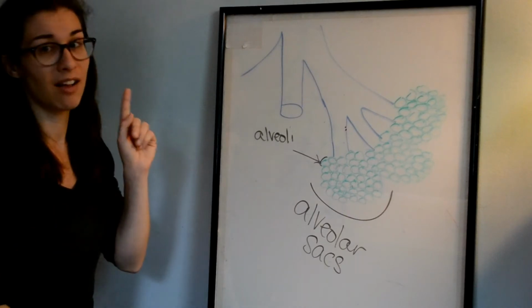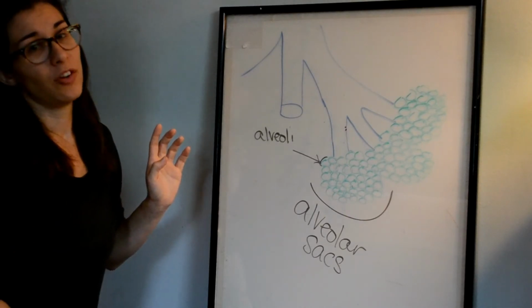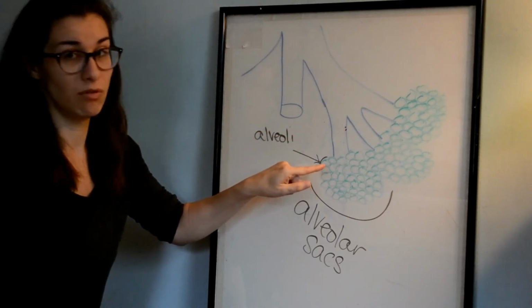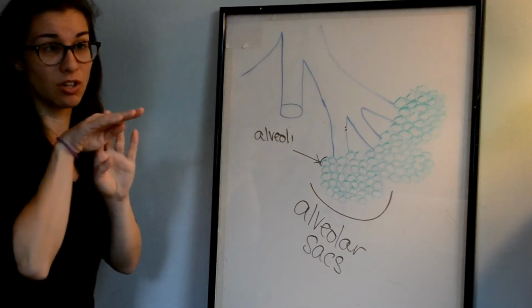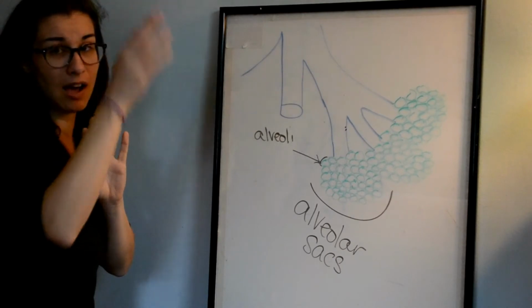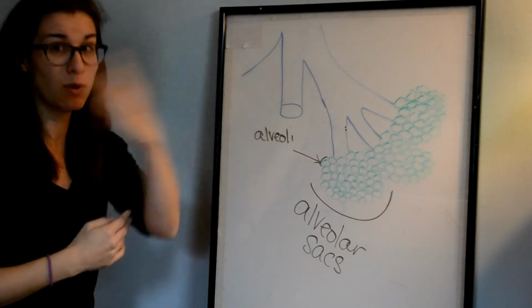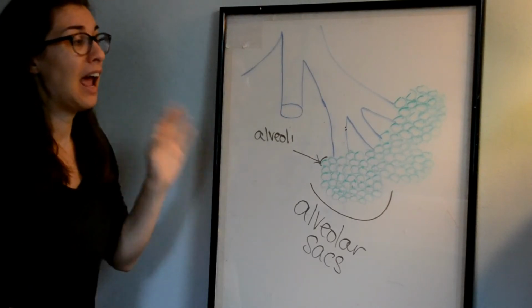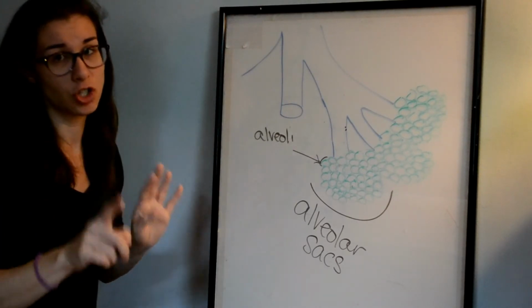If you were to take a very, very tiny scope down that could get all the way to this level and you were to look through the alveoli to where the blood supply is, you would be able to see the blood running through. It is that thin. And this allows for a gaseous exchange.